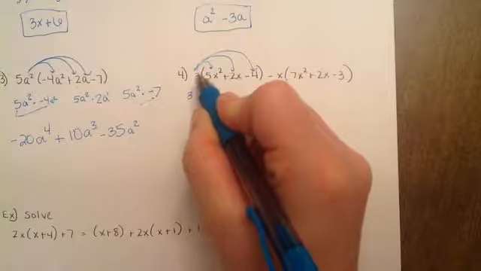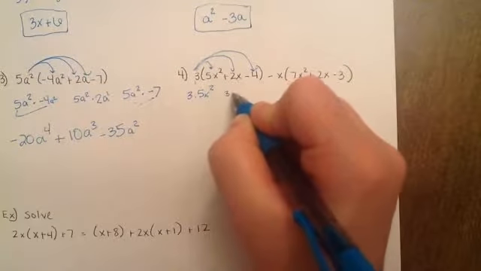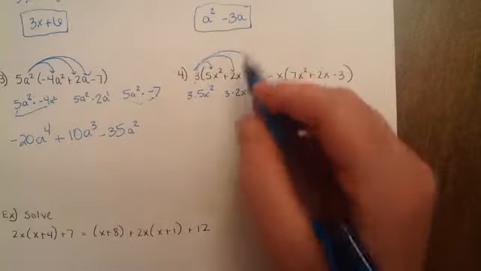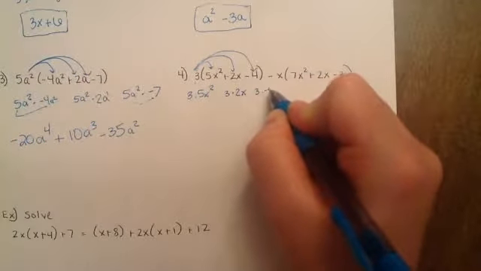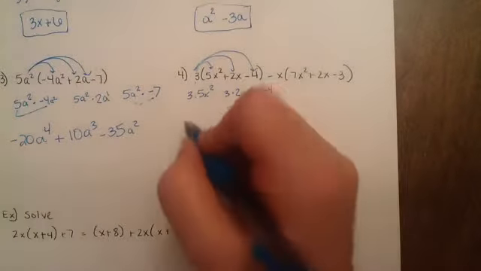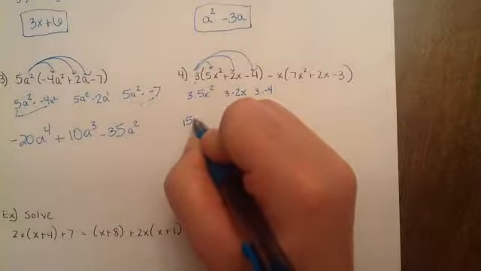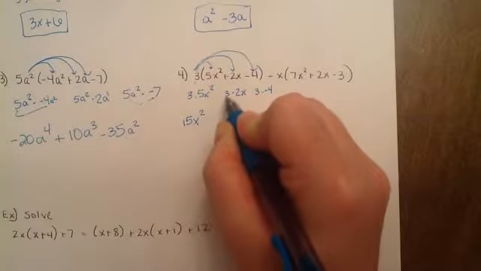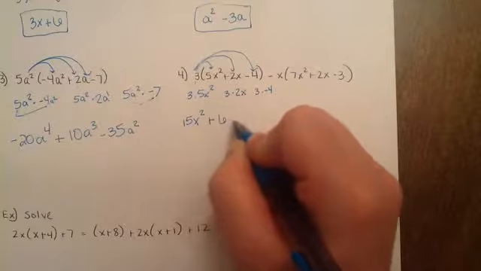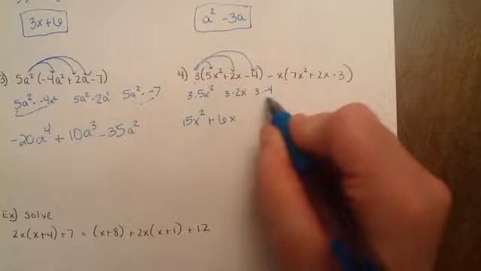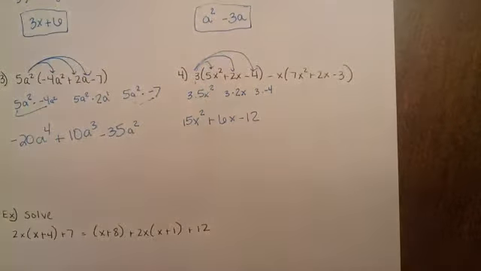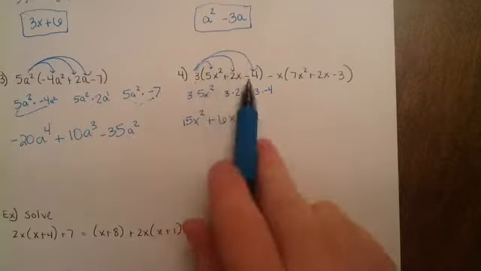What else? 3 times 2x and 3 times negative 4. 3 times 5, 15x squared. 3 times 2, positive 6x. And 3 times negative 4, negative 12. That is our first set of parentheses.